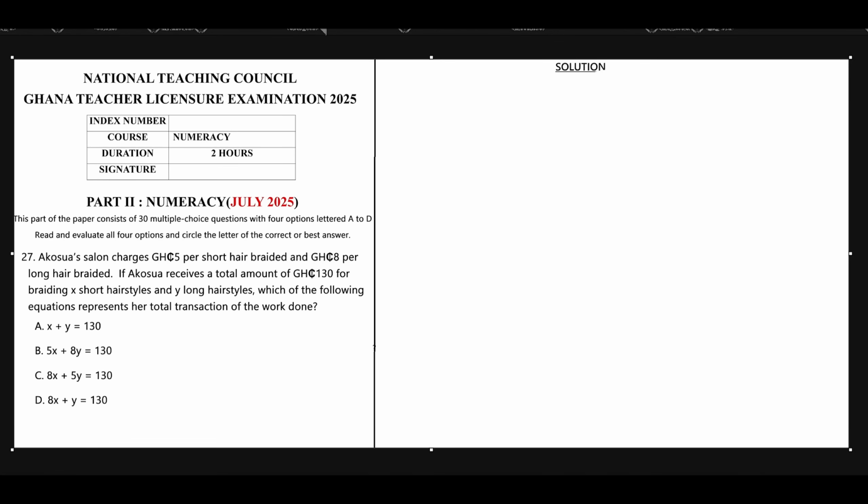Question 27. Akosua Salon charges 5 Ghana cedis per short hair braided and 8 Ghana cedis per long hair braided. So let's see, 2 categories of hairs. We have the short hair: every one short hair, the cost is 5 cedis.